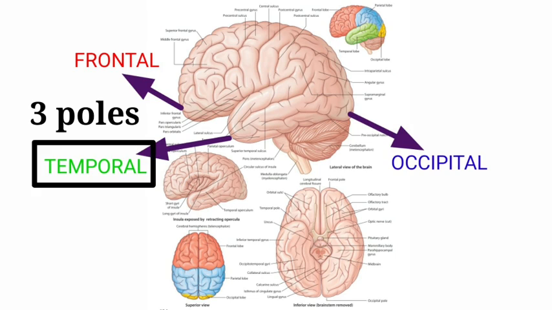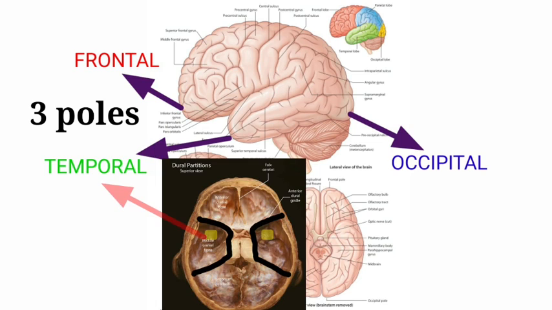The temporal pole lies between the frontal and occipital poles and points forwards. It fits into the anterior part of the middle cranial fossa.